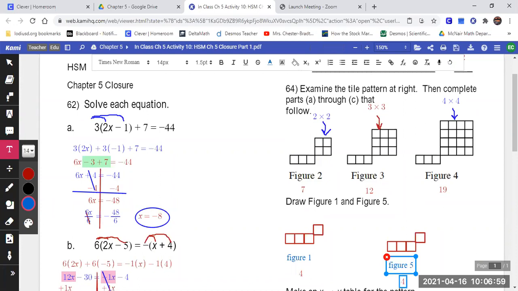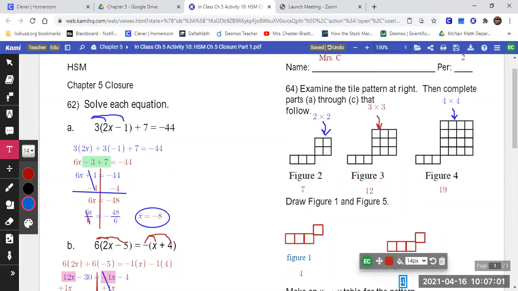How many tiles would be in my figure? I could change that because I know, right? 5 by 5 plus 3 more. So how many would be in my figure?